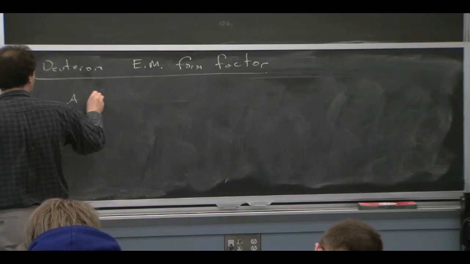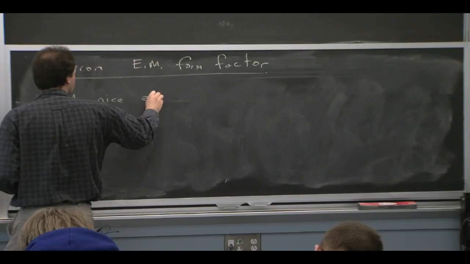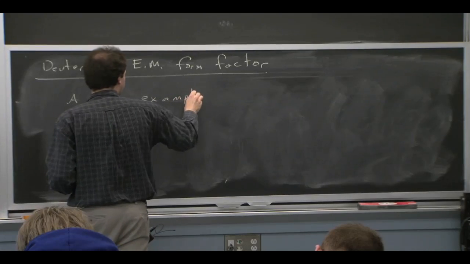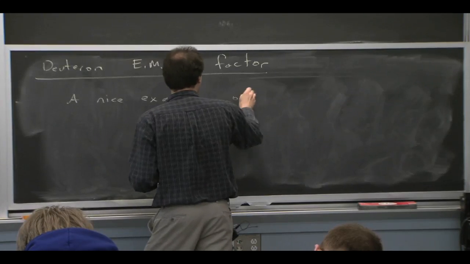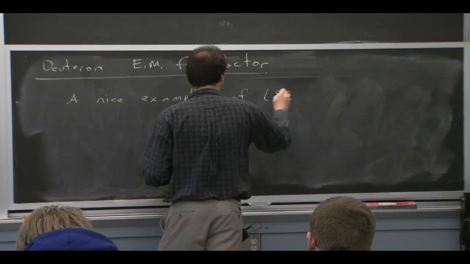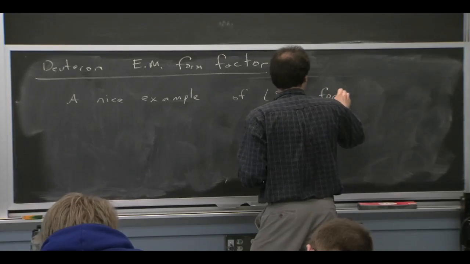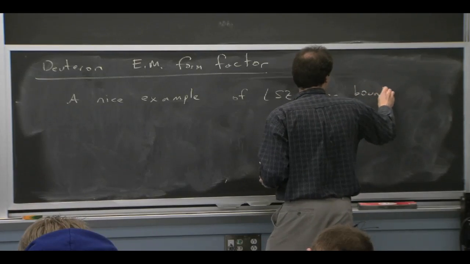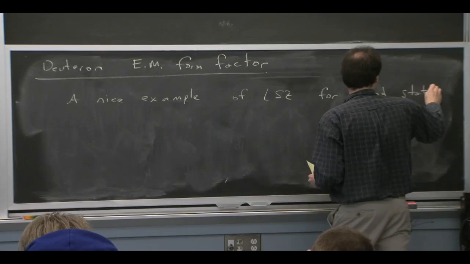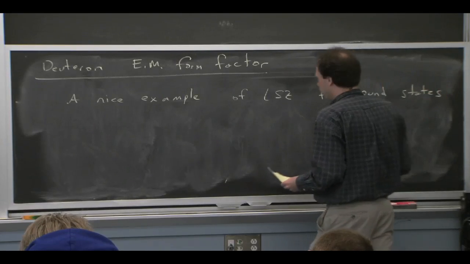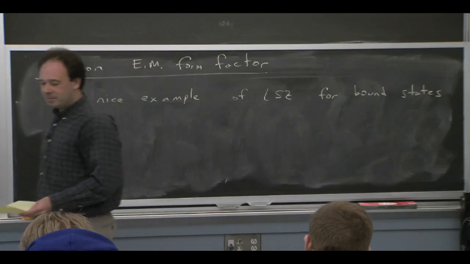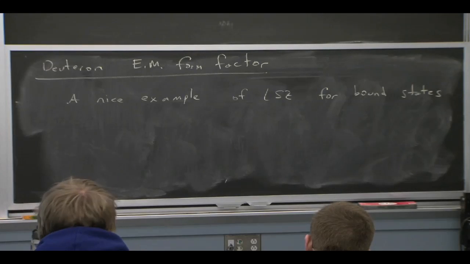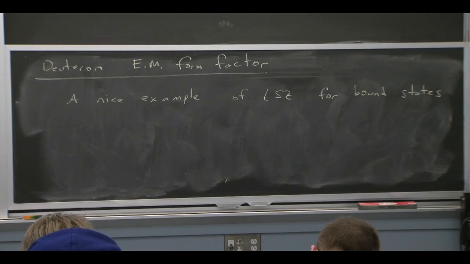This is a nice example of showing you how to use the LSZ formula, which you learned about in a very abstract way at some point, for bound states. Because here a bound state exists in the theory, and if we want to derive properties of that bound state, we had better properly use the LSZ formula for it. So let's see how that works.